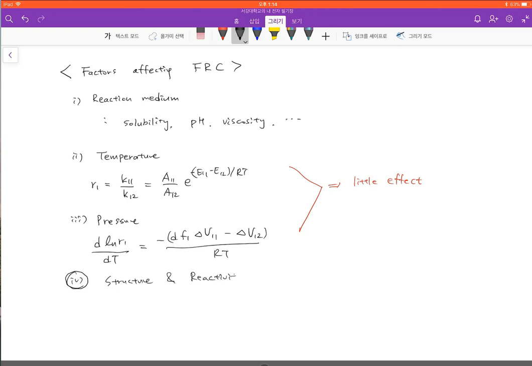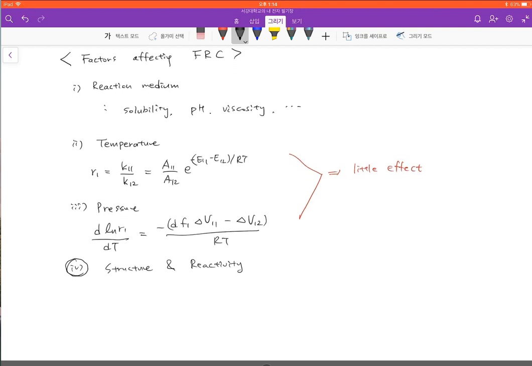On the other hand, the fourth and most important is the chemical structure and reactivity of monomer and radical, which significantly affect free radical copolymerization.